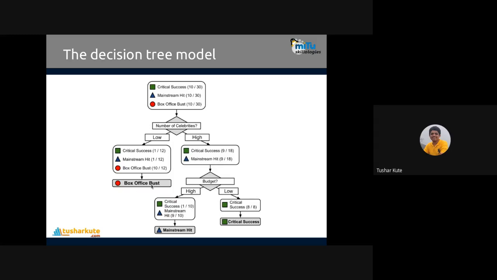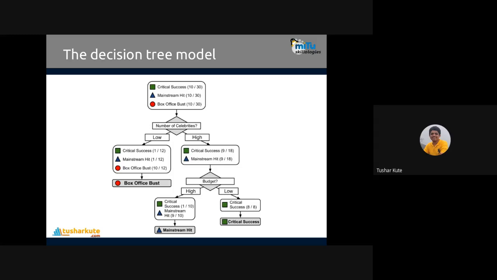Here we have box office bust, here we have mainstream hit, and here we have critical success. So based on the conditions above, for a movie, we are having this kind of splits, and once the splits are completed, your tree is now created like that. Now this is a tree.